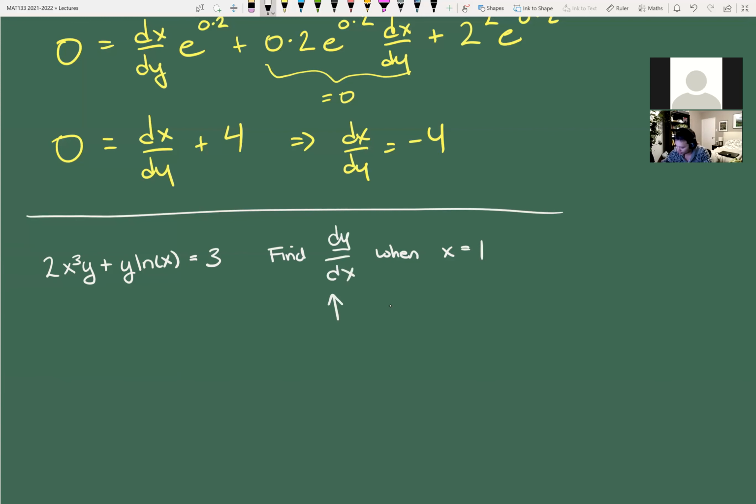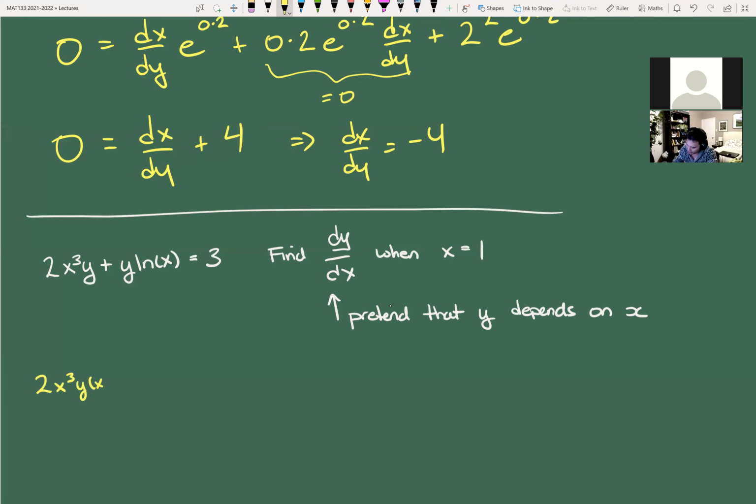So when we write this, what we're saying is we're pretending that y is a function of x. Pretend that y depends on x, okay? And so what you could do if it makes your life easier is you could take your equation and everywhere you see a y, just kind of write it as a function.